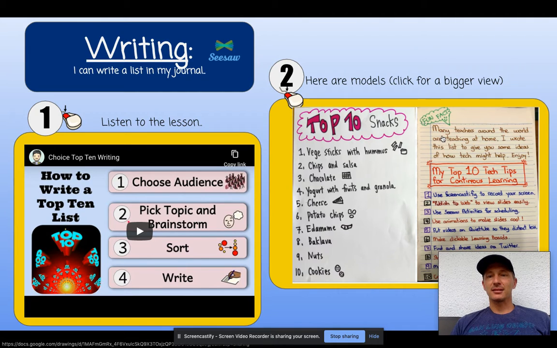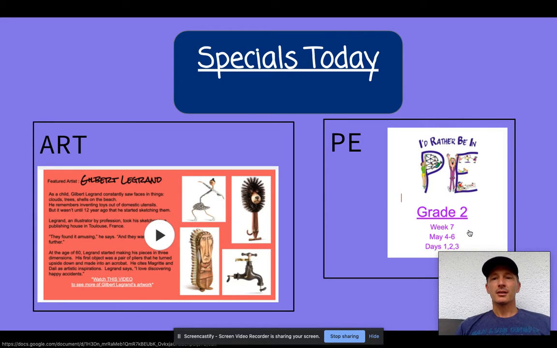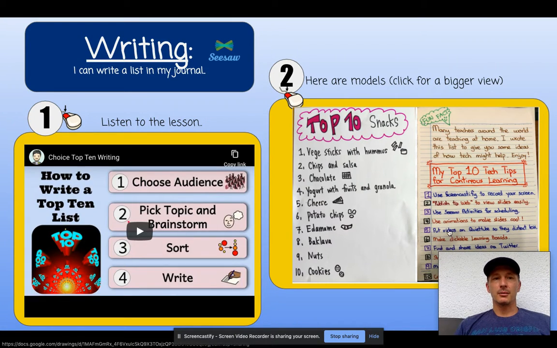And maybe remember that hook in that lead is starting with a fun fact. It says, many teachers around the world are teaching at home. I wrote this list to give you some ideas of how tech might help. Enjoy. Okay, and we'll talk a little bit more about this writing assignment today at 9 o'clock when we meet.